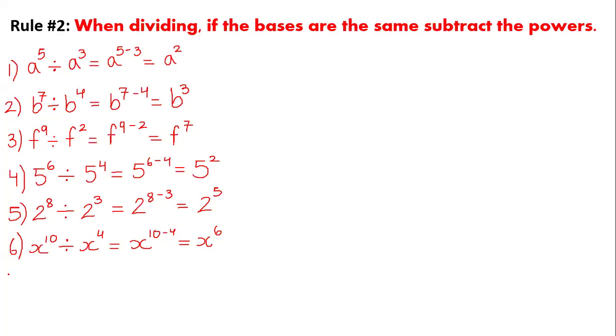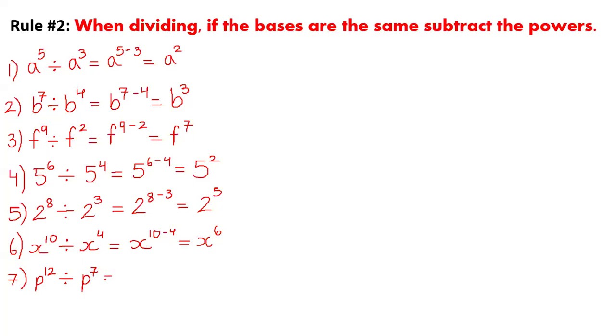Finally, number 7, we have p to the power of 12 divided by p to the power of 7.